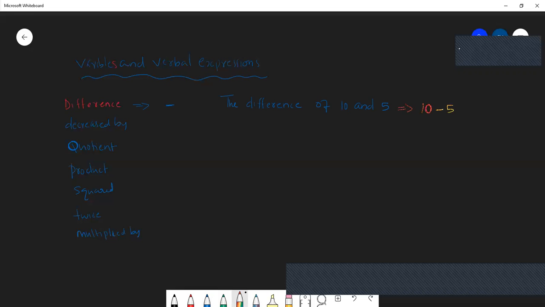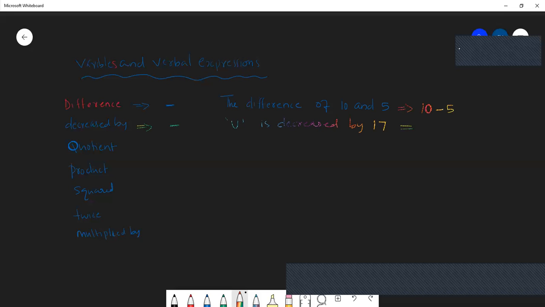At the same time, decrease to by also represents the subtraction operation. For example, u is decreased by 17.